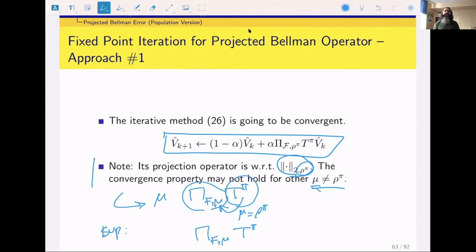So as opposed to the case of finite state where everything was nice, in the case of linear function approximation or function approximation in general, methods like TD would not necessarily be convergent if the data distribution is different from the distribution of the T pi that we are evaluating. We get to that later.